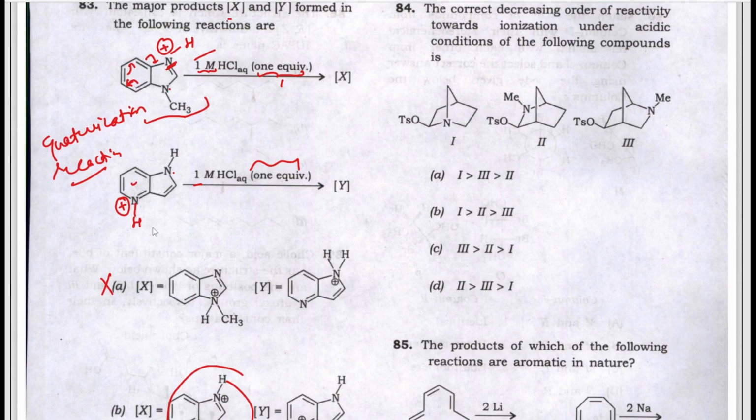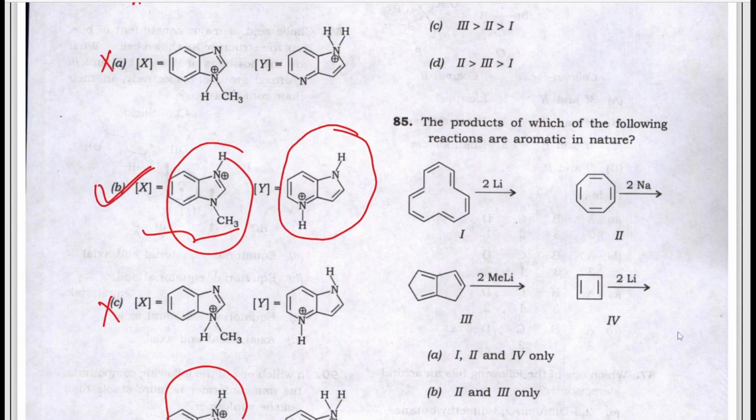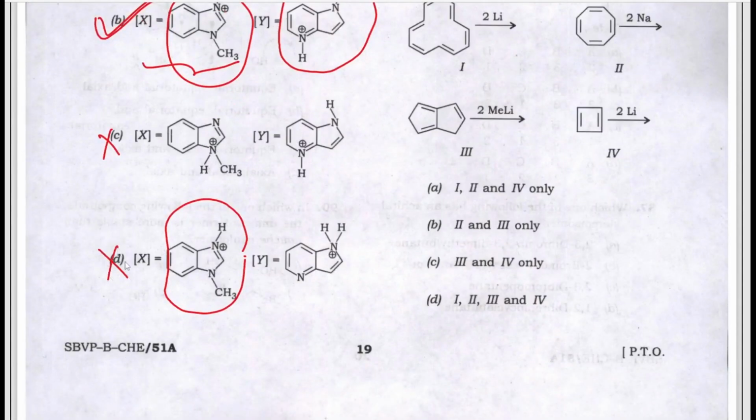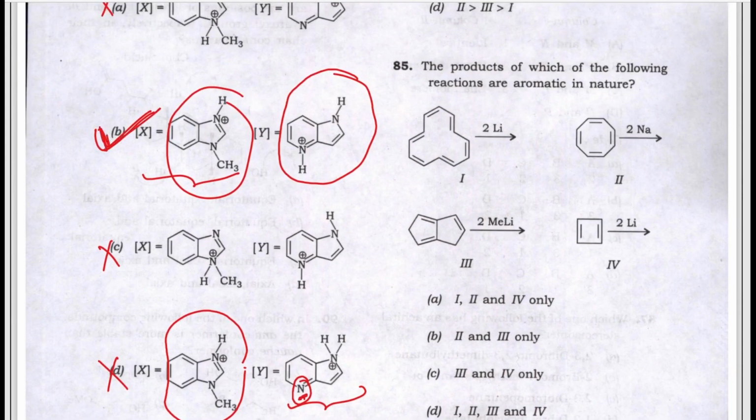Okay, so this will be your final answer of this reaction. So B is the correct answer of this question, and D is also incorrect, because nitrogen of pyridine is more basic as compared to the nitrogen of the imidazole. So it will be involved in the quaternization reaction, can easily donate its lone pair of electrons to the proton which is released from HCl. Okay, so this B is the correct answer of this question.